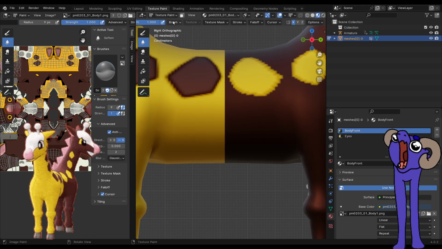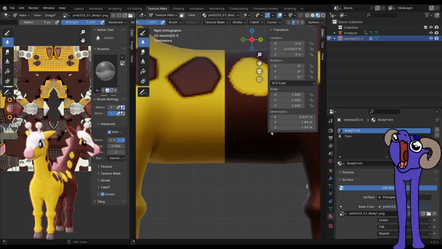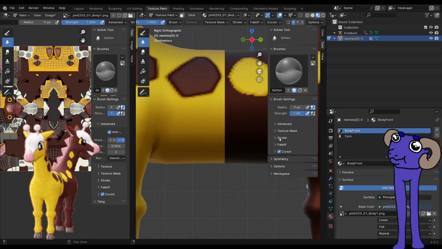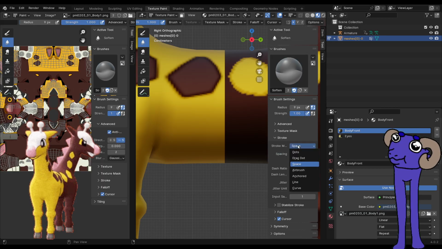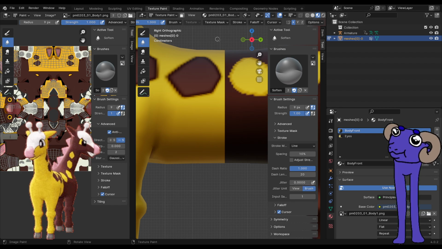Is there a way to brush in a straight line? Blender, texture, paint, straight line. Drawing straight lines: under the brush settings menu, find a section labeled stroke. Line.